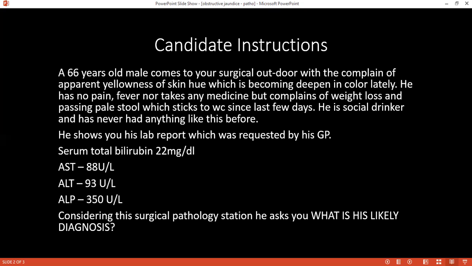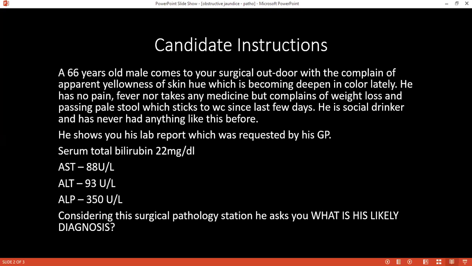Yes. Idiopathic, gallstone, trauma, tumors.